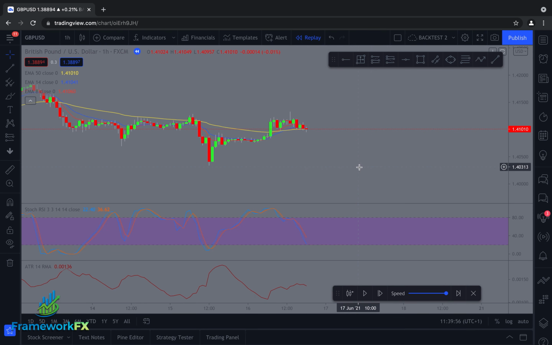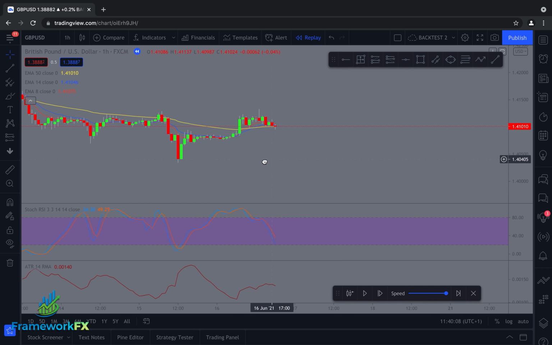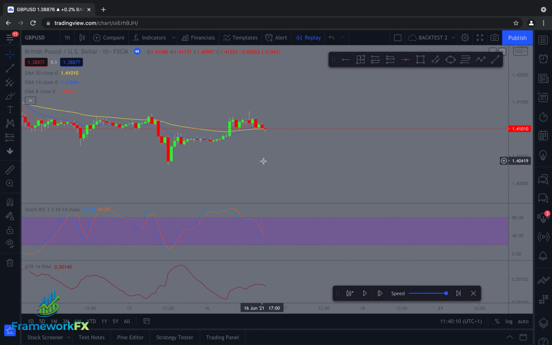Okay, so the strategy. For this strategy, we need three things. To start with, we're on the hour chart. It's important to note, and I'm using pound dollar as I always do for this. I'll just really quickly run through this strategy. I'll leave a link to Trade Pro's video, so you can see it in a lot more detail there if you would like.